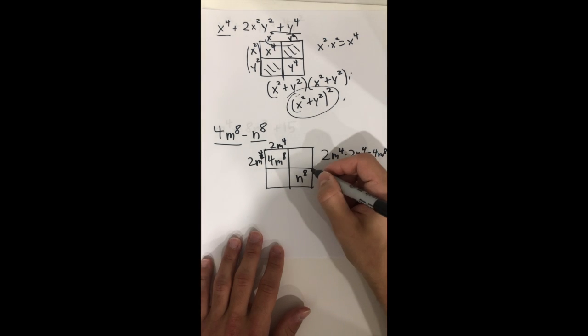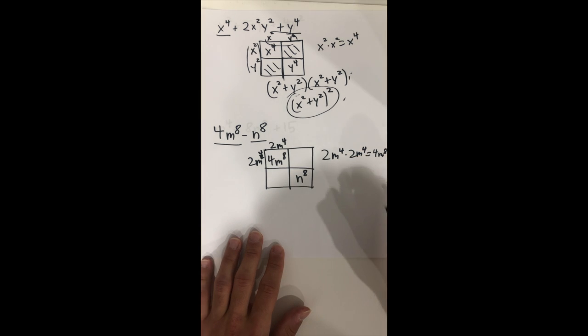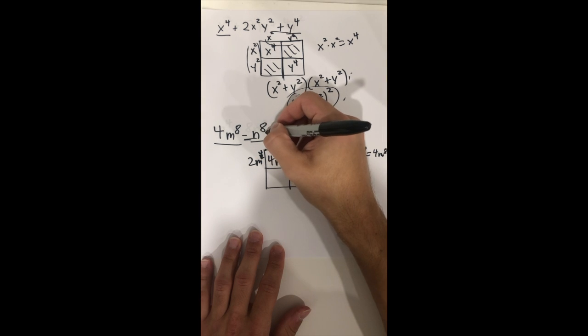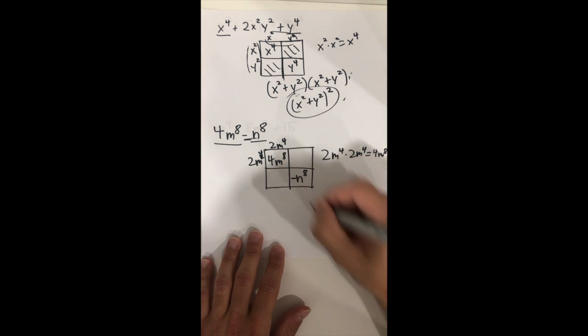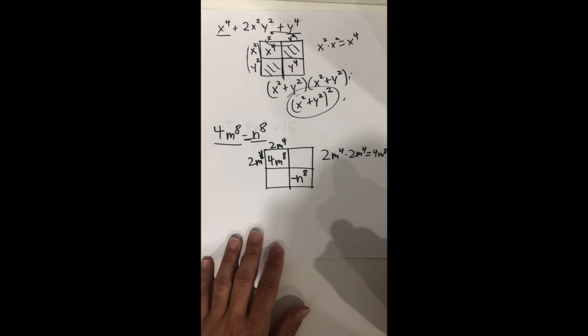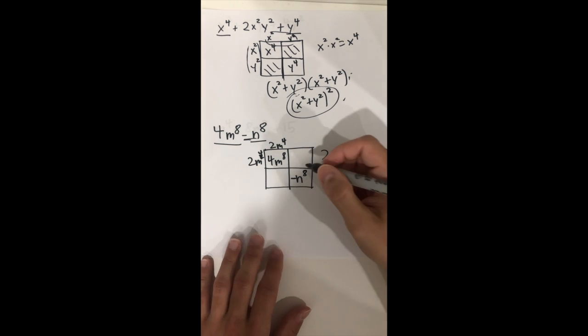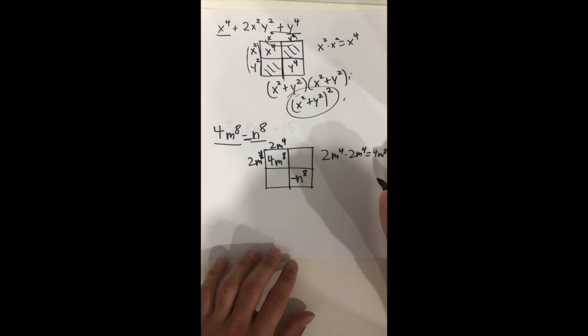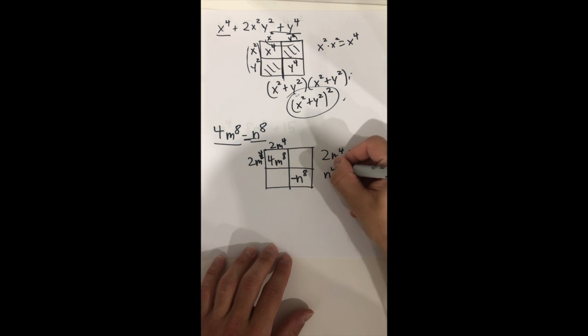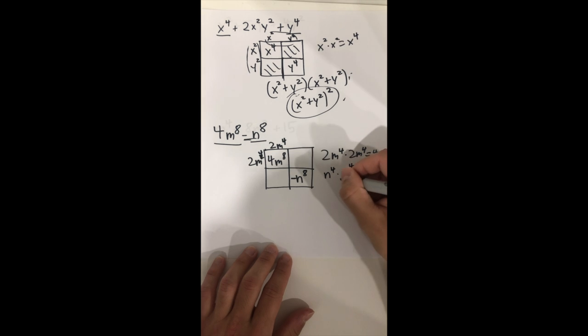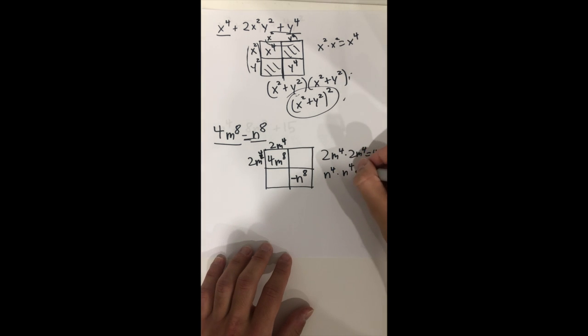We're going to do the same for n to the 8th. Now, keep in mind, it is minus n to the 8th. So because there's a minus in front of this n to the 8th, we're actually supposed to put a minus in the box with it. Now, I've got to find two values where when I multiply them, I get negative n to the 8th. I know your immediate response was probably n to the 4th times n to the 4th. But that will give us positive n to the 8th, which is not correct.